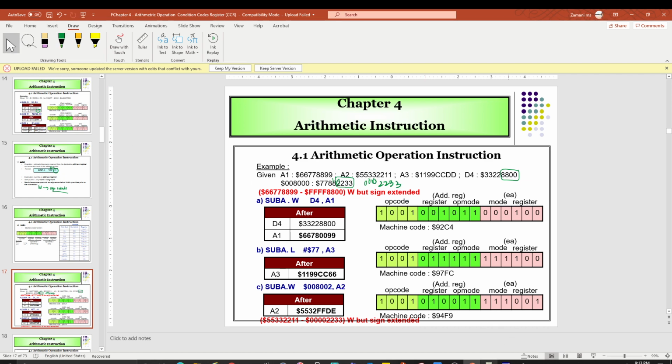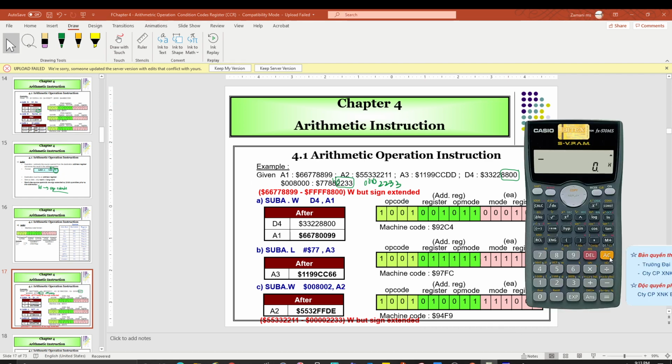Okay, let's look at the answer. A2 is 55332211 minus the contents of the 8002, 2233, because there's no FF over here, so we should just use 2233, because 0 is nothing over there. So the answer is 5532FFDE. So that's the answer.